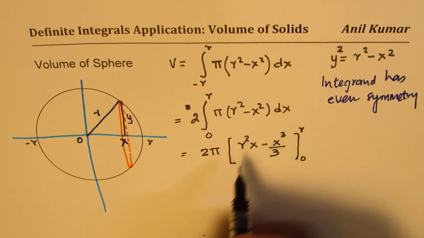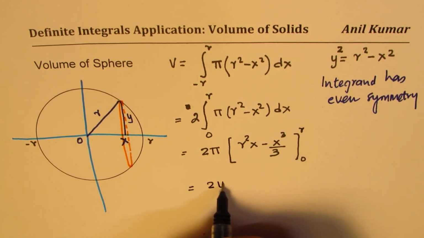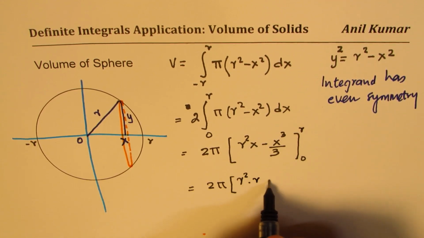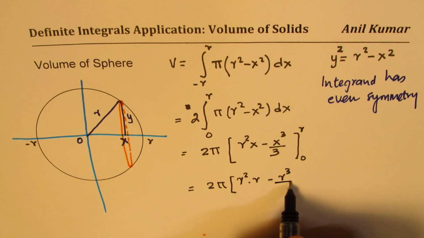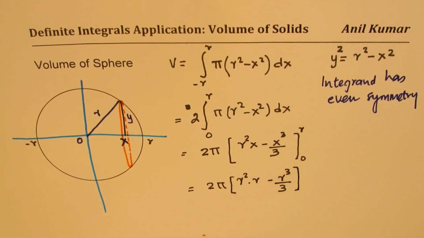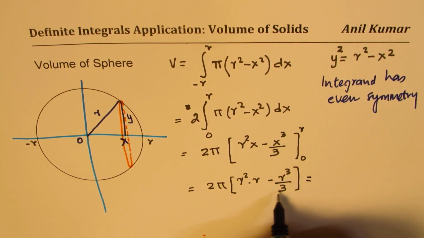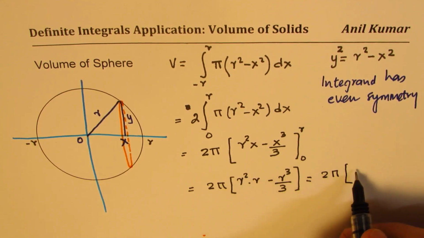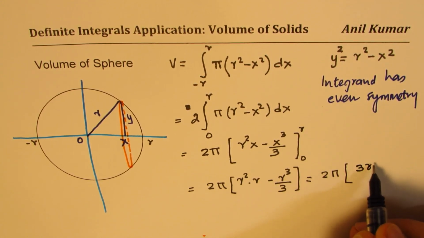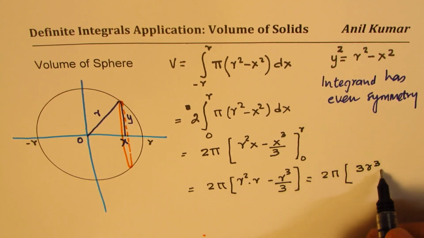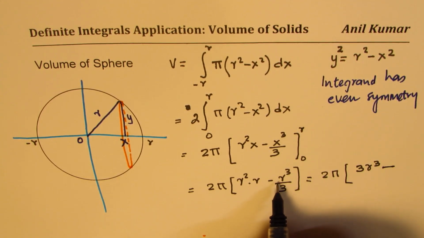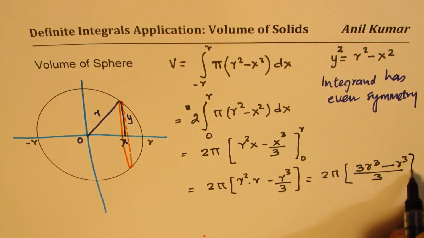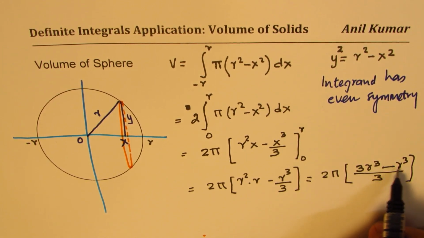Now let's substitute the values. We get 2 pi times r square times r minus r cube over 3. If you calculate this, you get 2 pi times 3r cube minus r cube over 3. 3 minus 1 is 2.